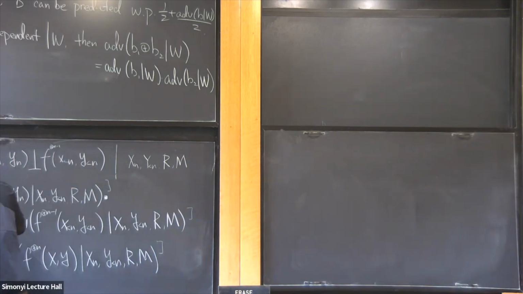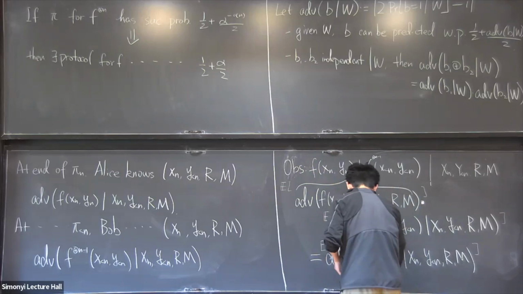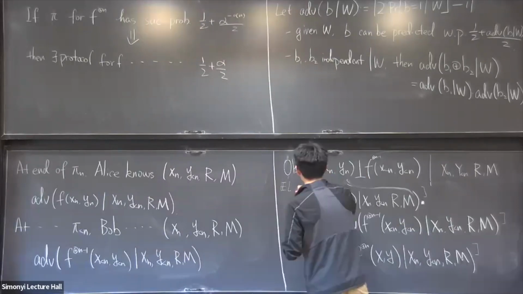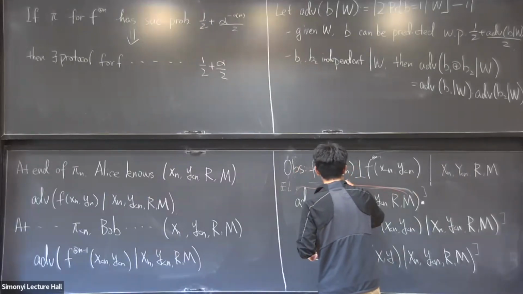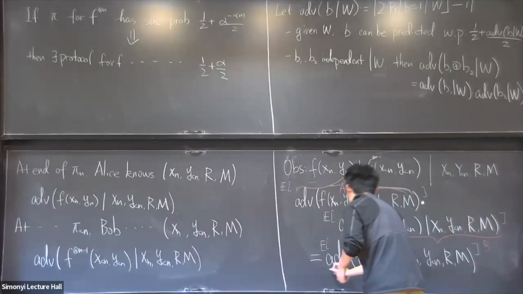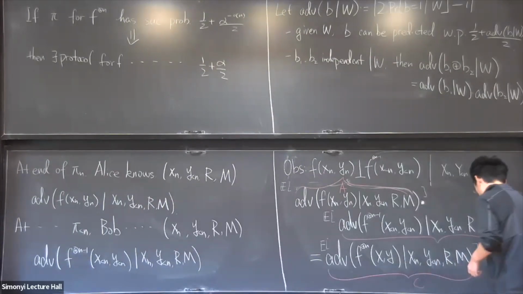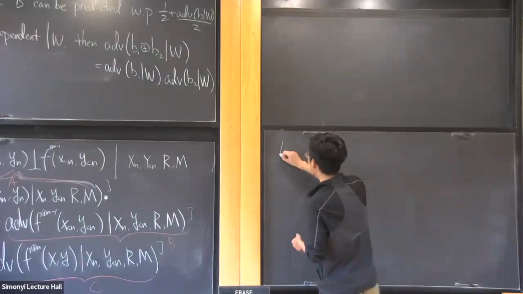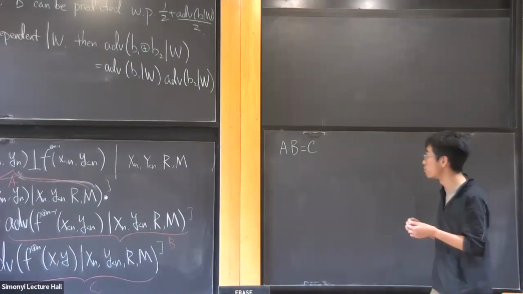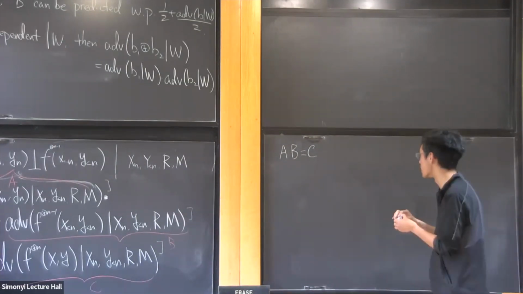So just for simpler notation, let me call this term A, and this term B, and the right-hand side C. So what we have is that A times B is equal to C, but we cannot say anything about the expectation.